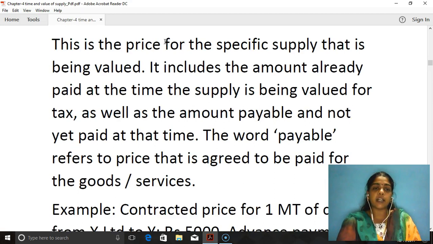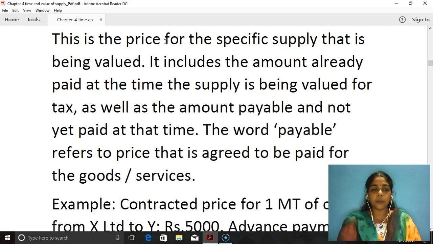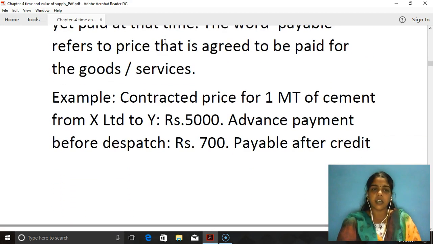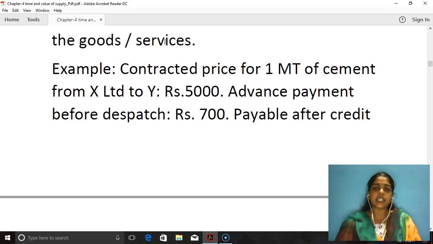The word payable refers to the price that is agreed to be paid for the goods or services. For example, the contracted price for 1 MT of cement from X Limited to Y is 5,000. Advance payment before dispatch is 700. So this advance amount is paid.